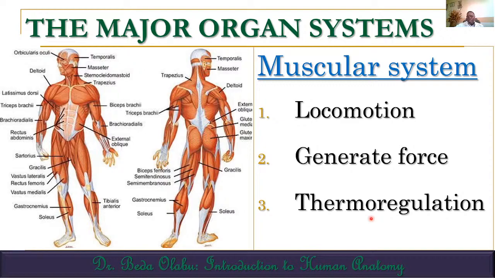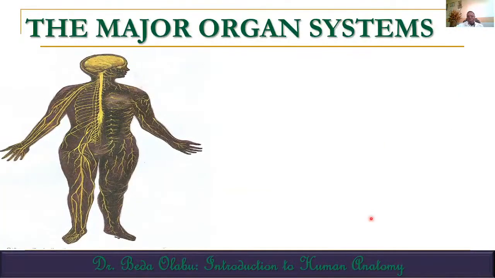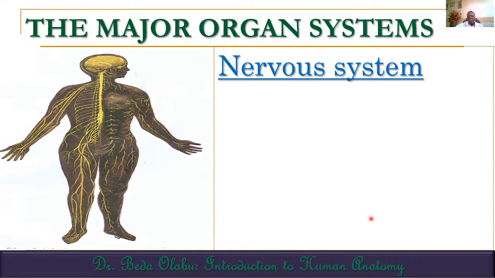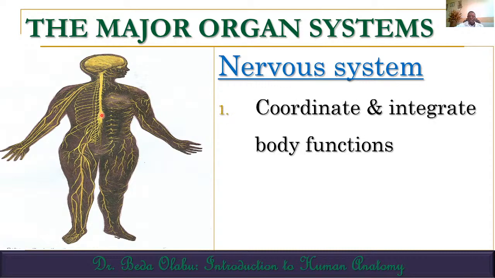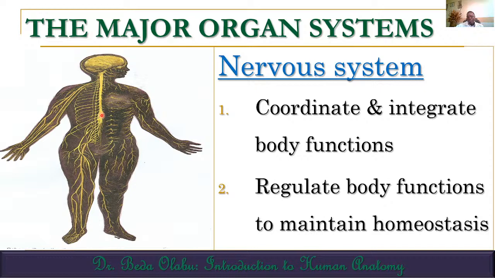Right. Let's talk about the fourth system. And the system you're seeing is the nervous system. I know in your learning you'll come across the central nervous system and the peripheral nervous system, but for now let's just call the whole system the nervous system, whether central or peripheral. The nervous system basically coordinates and integrates body functions, and in so doing it regulates body functions to maintain homeostasis.